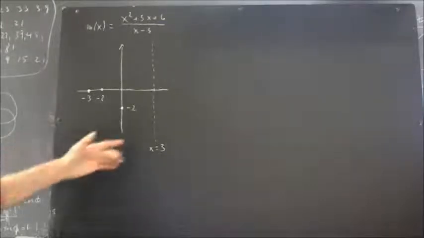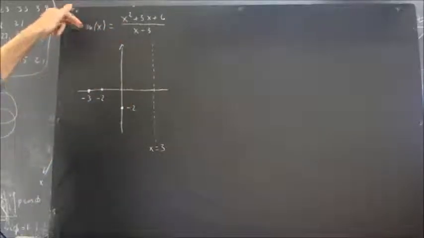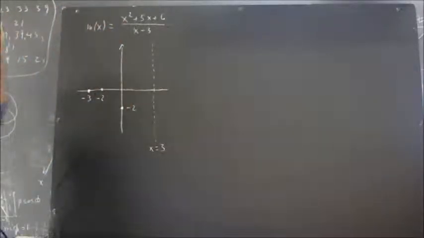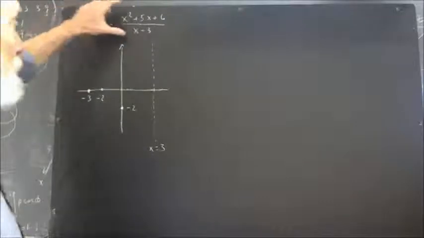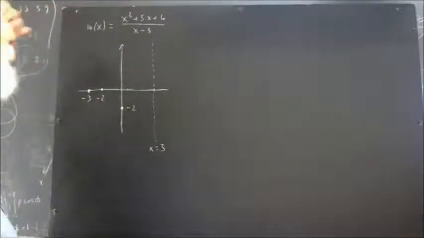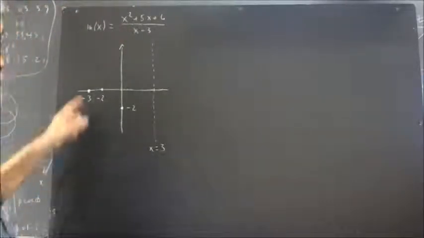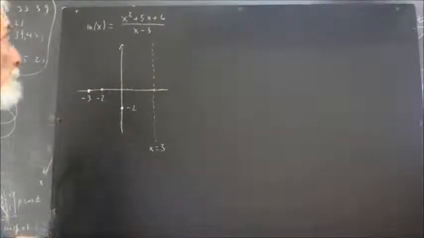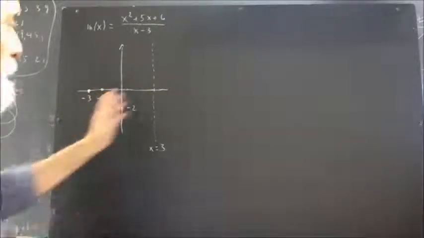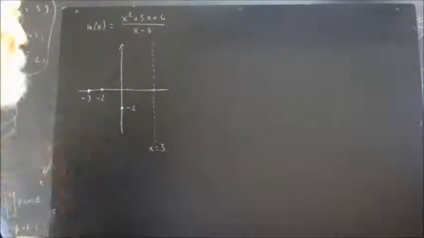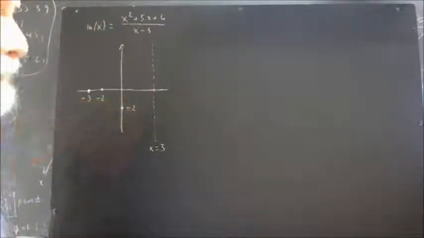We want to determine where this function is going to be positive and where it's going to be negative. Now, the only way a nice smooth function like this can change sign is by going through one of the zeros, or by passing a point where it's not nice and smooth. And at x equals 3, it's not nice and smooth.